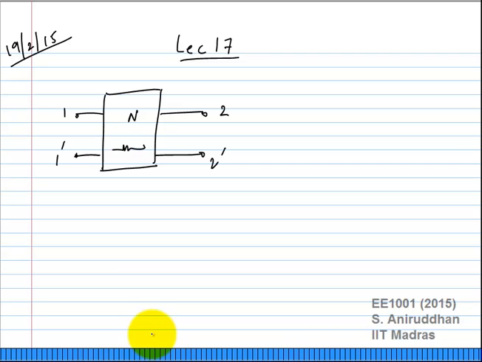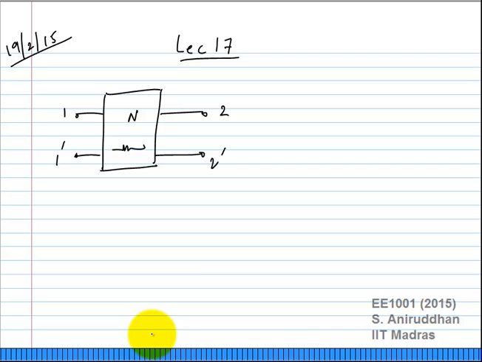You are applying some excitation at port 1, you are observing the response at port 2, and you are taking the converse case when you apply the excitation at port 2 and find the response at port 1, and you are trying to find out the relationship between these two. That is what reciprocity is all about.